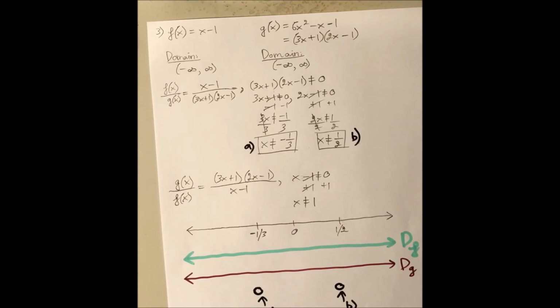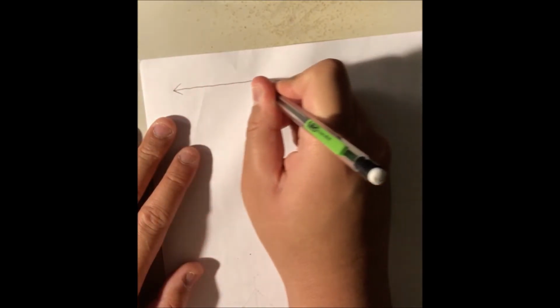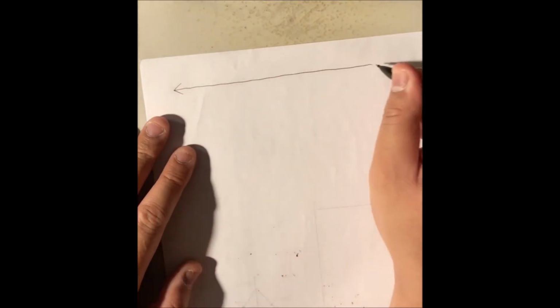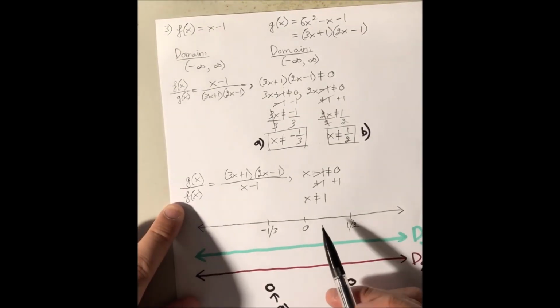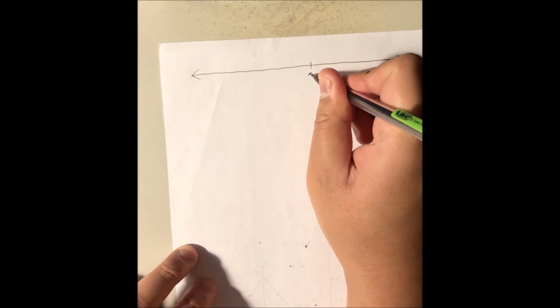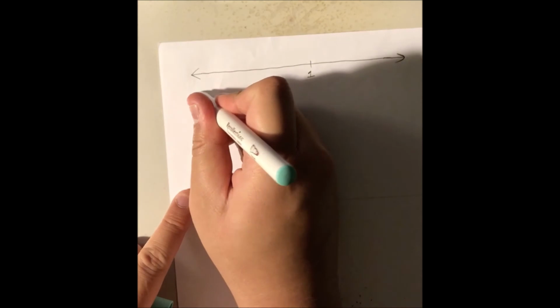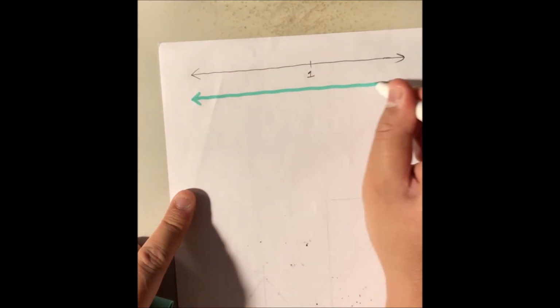Now what about the domain of g over f? It can be done in a similar fashion. We'll sketch a number line. For g over f, we only have x cannot be equal to 1, so I'm going to put 1 somewhere on the number line here. And of course, same thing, sketch the domain of the functions f and g.